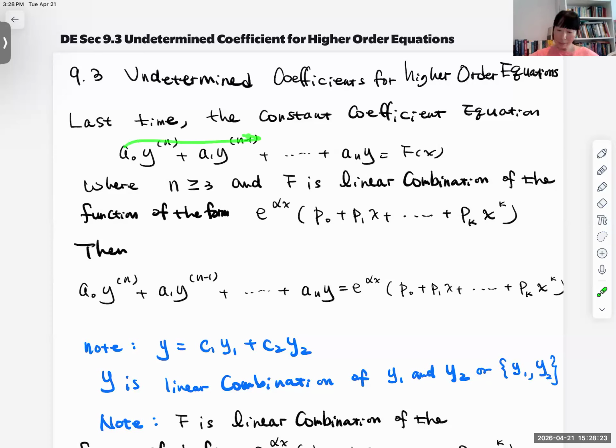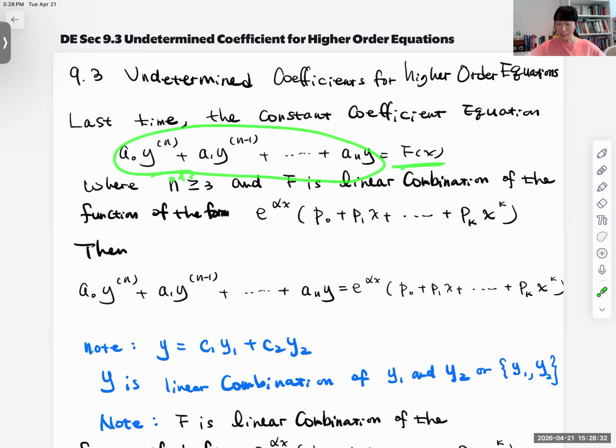Last time we had a constant coefficient equation. We have the left side in this form, and the right side has f of x. Then f is a linear combination of functions of the form e to the alpha x times p sub 0 plus p sub 1 x plus, and so on.